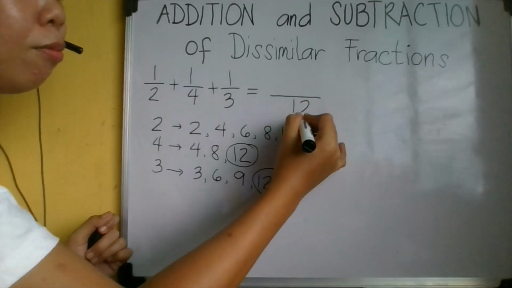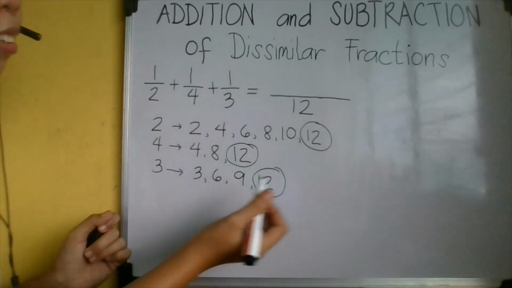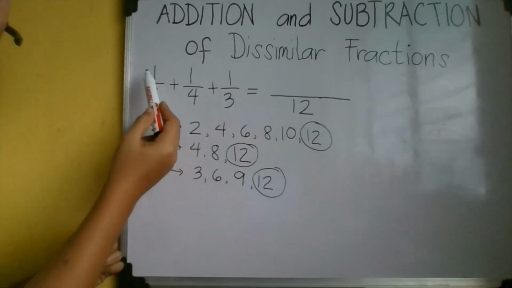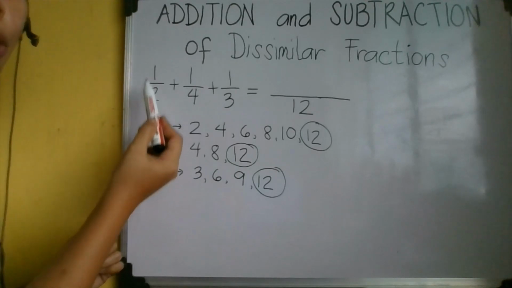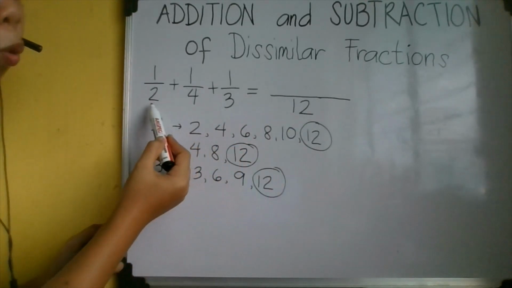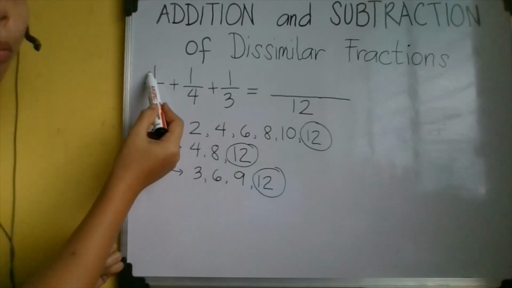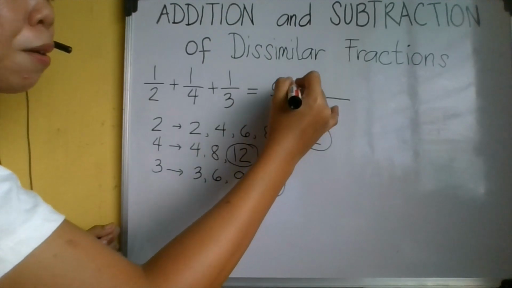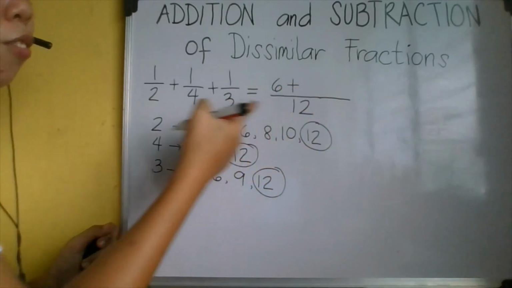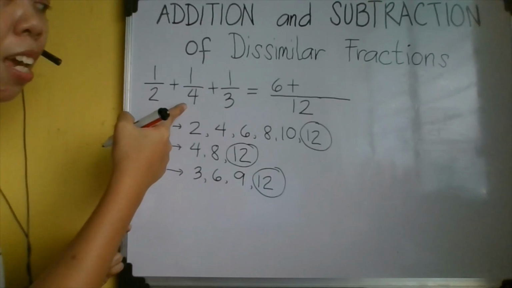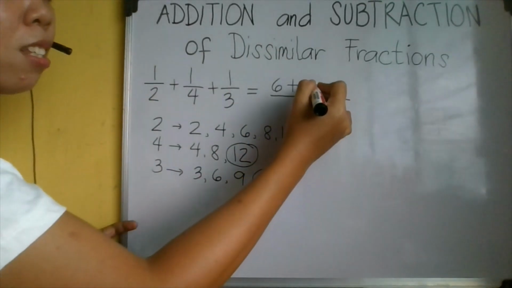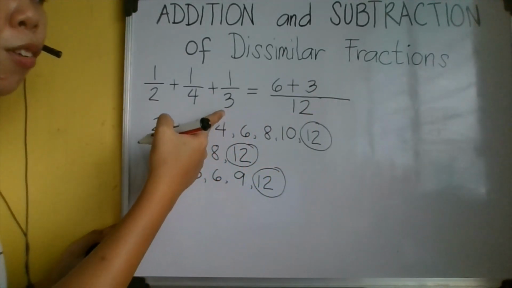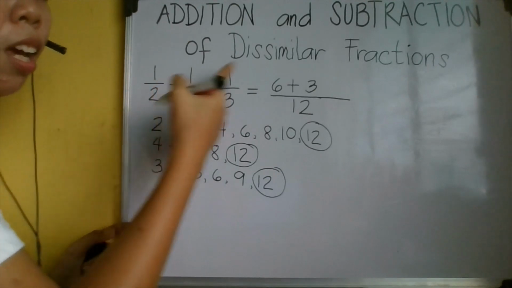Okay. Next, divide the LCD sa denominator ng ating fraction. So, dito muna tayo magsisimula sa 1/2. 12 divided by 2, that is 6. Then, times sa numerator, 6 times 1, we have 6. Plus, 12 divided by 4, we have 3 times 1, and that is 3. 12 divided by 3, we have 4 times 1, and that is 4.